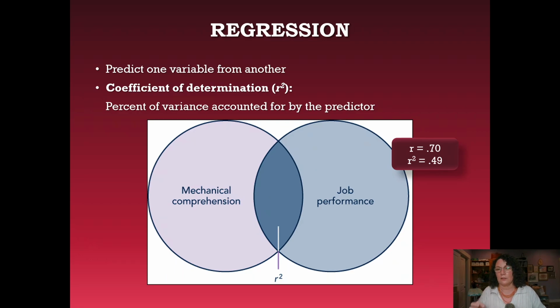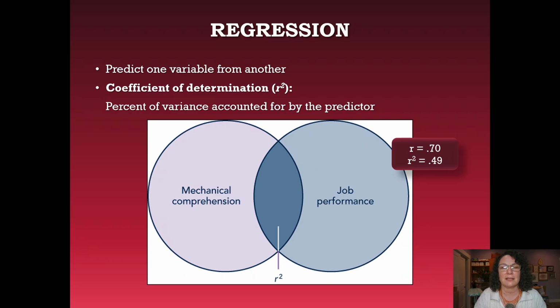Notice how when you square a correlation coefficient, it suddenly becomes not that much percent that's being accounted for. Let's say that the correlation coefficient had been 0.4. That's a really high correlation coefficient for most psychological characteristics. So we'll say it's 0.4. 0.4 squared would be 0.16.